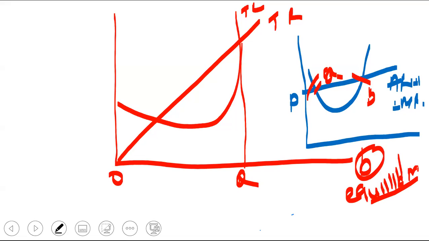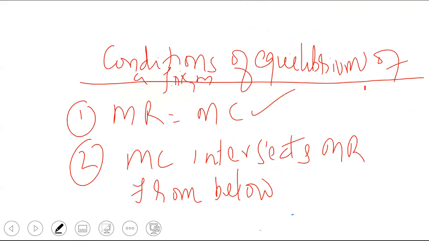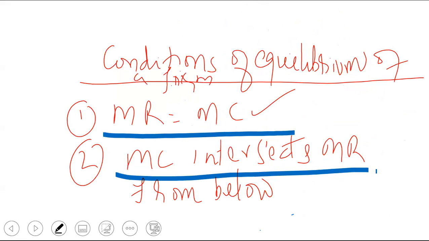Because MR is equivalent to MC, and MC intersects MR from below. It cuts from below. Put it in the chat box. The two conditions are clear to you. MR is equivalent to MC. MC intersects MR from below. These are the golden rules of equilibrium.